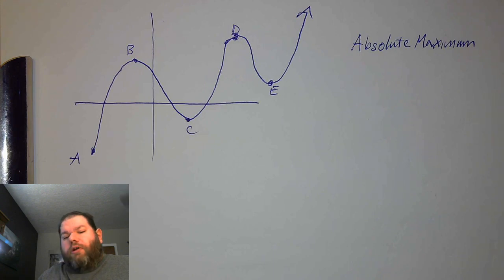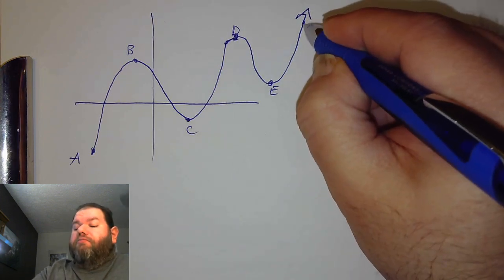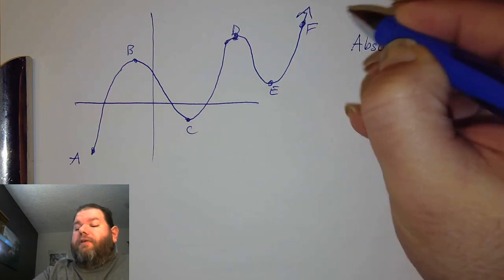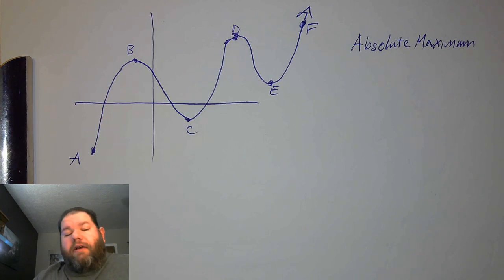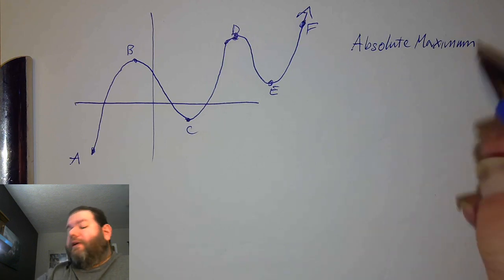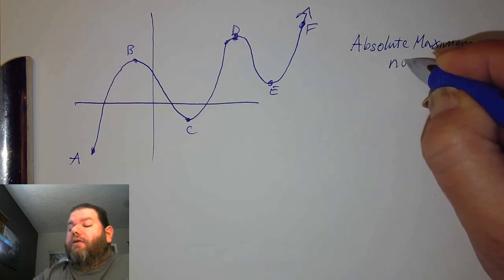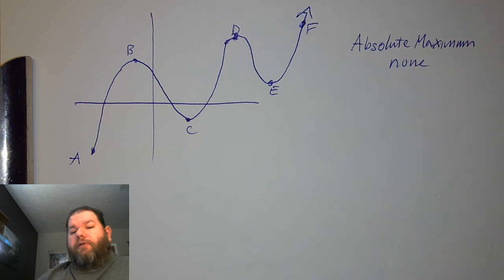Is there one point on this graph that is higher than all others? Now it looks like D might be, but that's just because we haven't labeled any points further up. And we could label a point here and call it F, for instance. But even F is not the highest point in the graph because it just keeps going beyond that. In this case, we would say there is no absolute maximum.